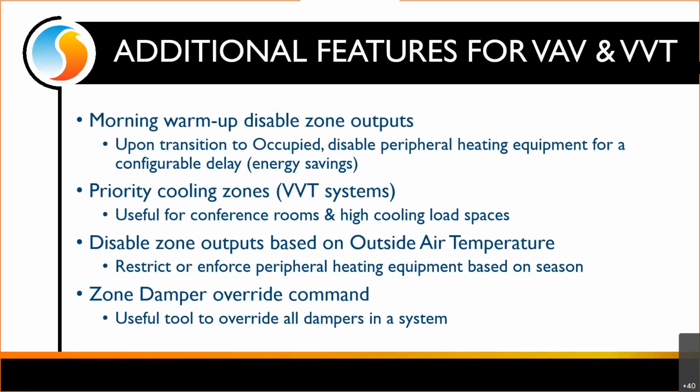With this, the idea is that when the system becomes occupied in the morning, whether it's a VVT or a VAV setup, let's say it was a cold winter night and all the zones went into nighttime setback. And so when the system becomes occupied in the morning, it's quite probable that all the zone temperatures have gone down because our set points have gone down as well. So maybe in all the zones, it'll be about 65 or something like that.